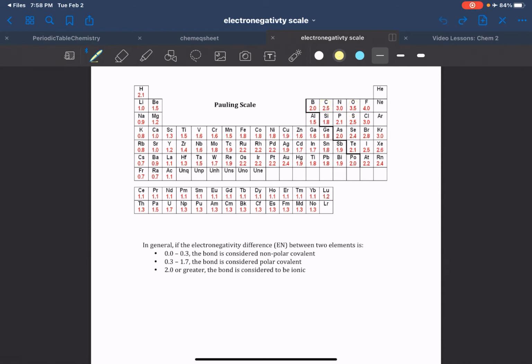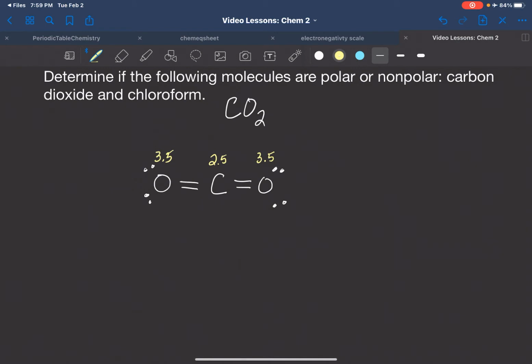Okay? So now what you do is you evaluate one region of space at a time. So we're going to evaluate what's happening right here in this region of space first. I just picked the left side just to pick it. So 2.5 to 3.5, think of this as a tug-of-war contest.